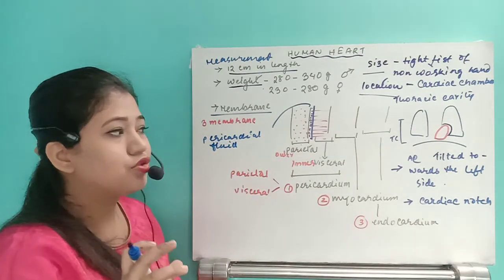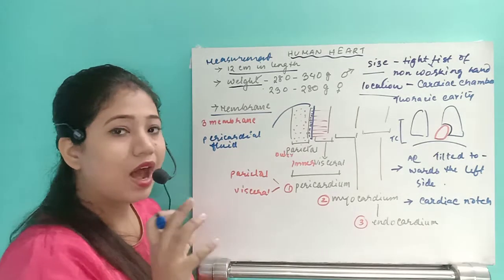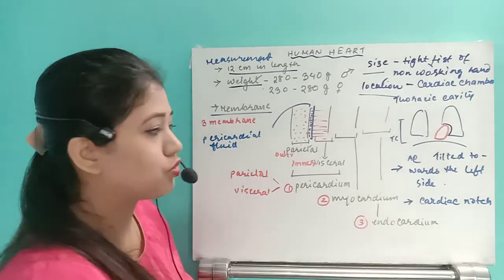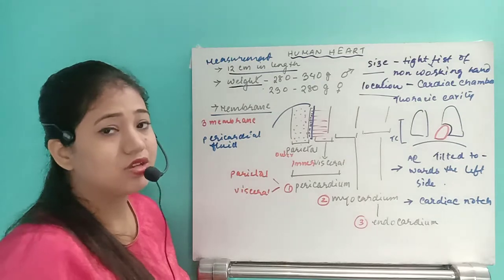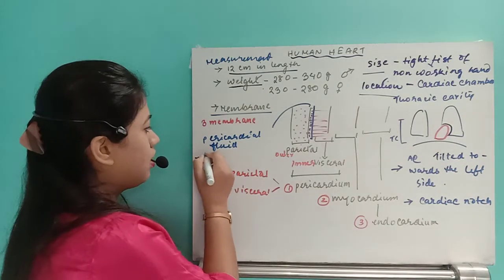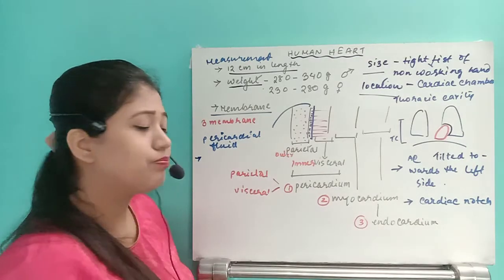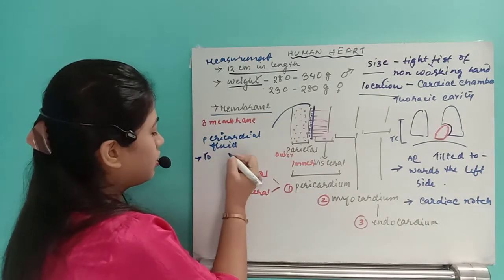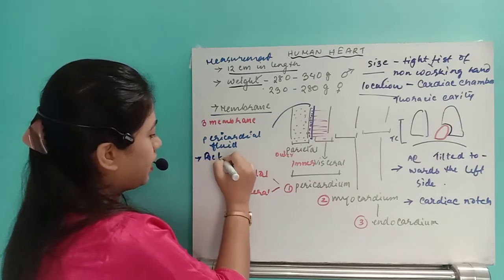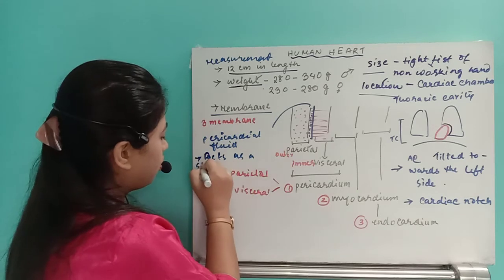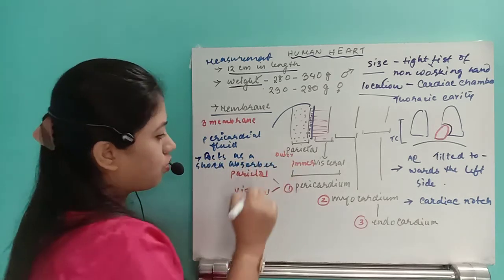We don't want friction whenever the heart is pumping, so to avoid friction this fluid is present, and it acts as a shock absorber. Remember that this is acting as a shock absorber.